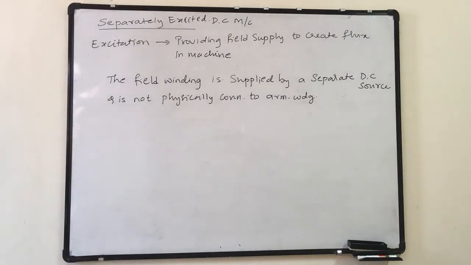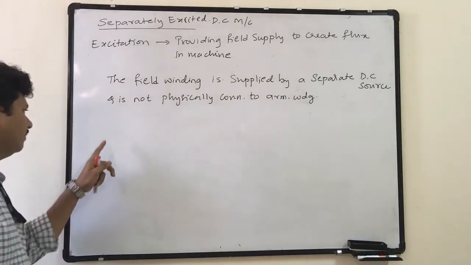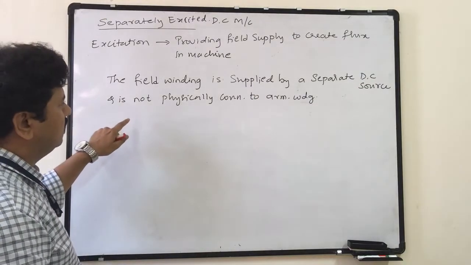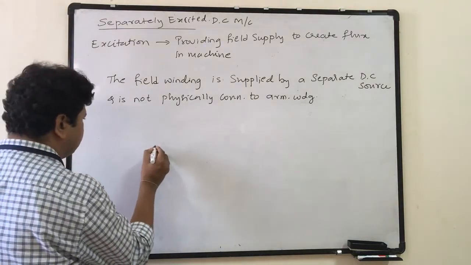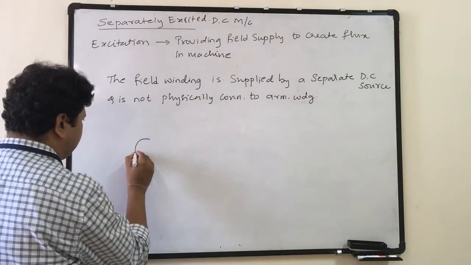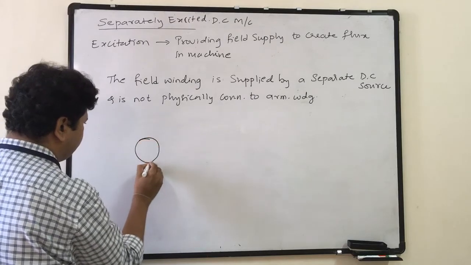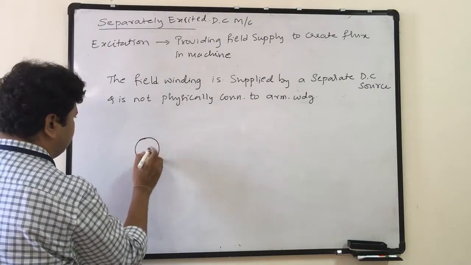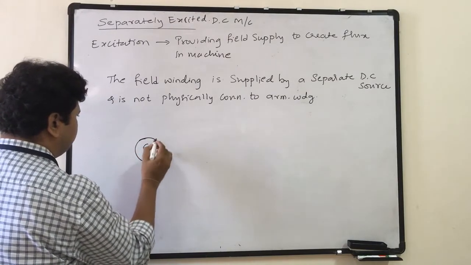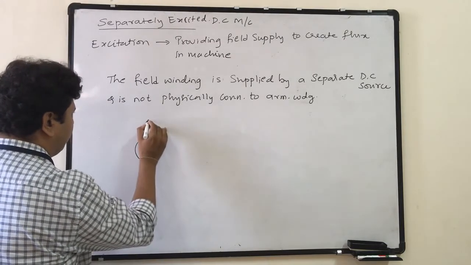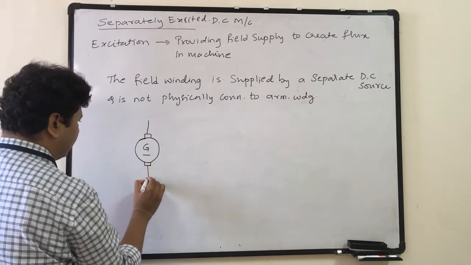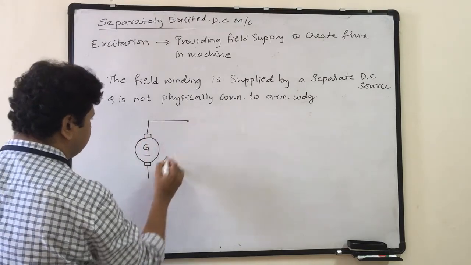In the last class we saw the circuit symbol of the DC machine. The circuit symbol of the DC machine is this: a circle representing the armature, G bar, and two boxes at top and bottom representing the brushes.